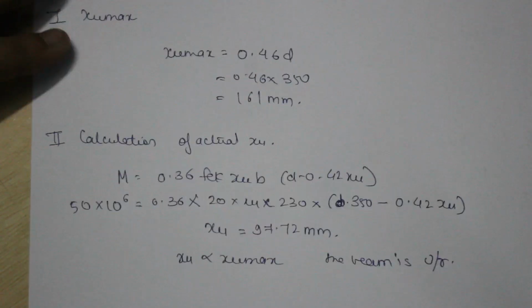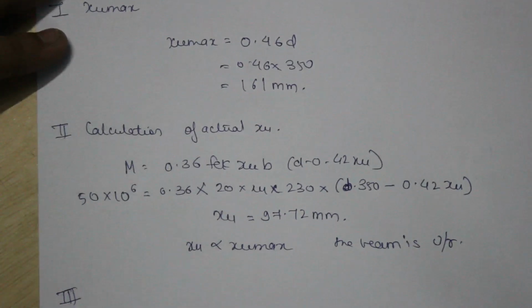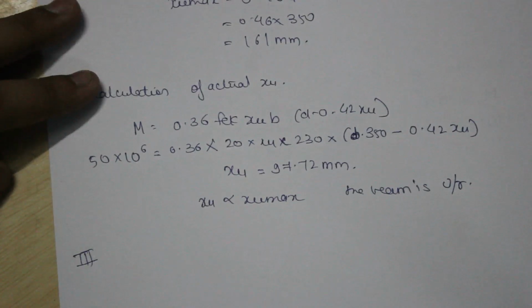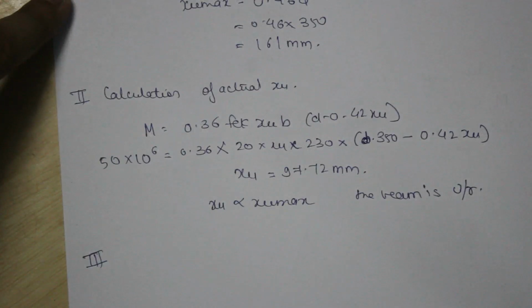There are two ways to calculate it. The first method is to equate Cu and Tu. Again, you have everything. You have value of Xu, AST would be unknown there.